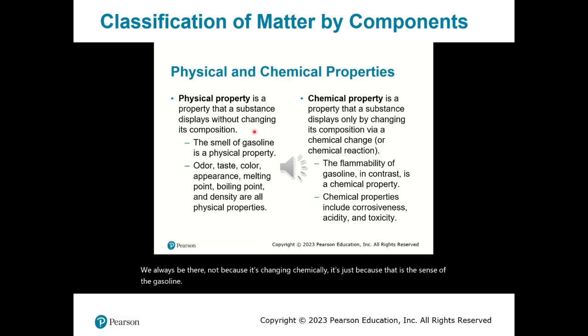Physical properties include odor, taste, color, appearance, melting point, boiling point, and density. Chemical properties will be flammability, corrosiveness, acidity or toxicity. This is a chemical property because it is displayed only when there is a change in its composition.